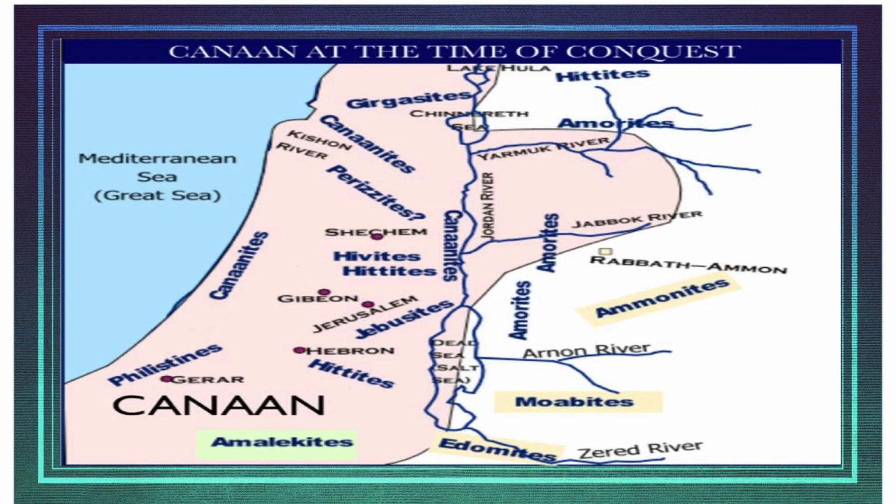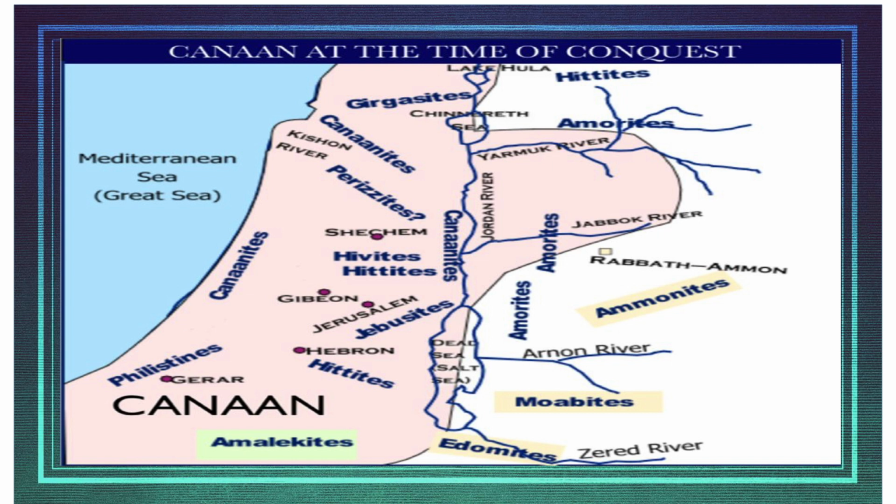Canaan before the conquest, at the time they're getting ready to come in. I want you to see all these nations. We start out to the south, the Amalekites, the Edomites, come around to the east side, the Moabites. Of course, the Edomites, there's the Zered River, and then the Moabites, there's the Arnon River.